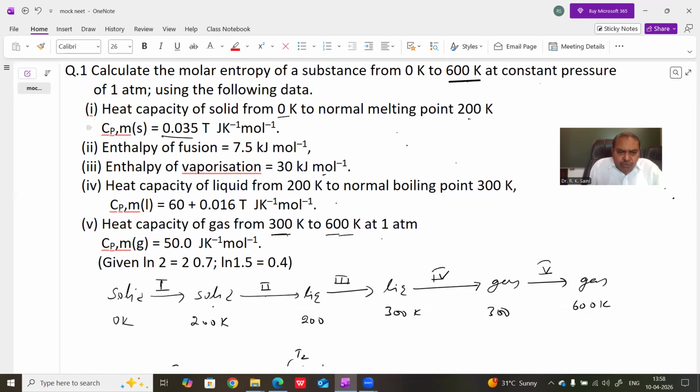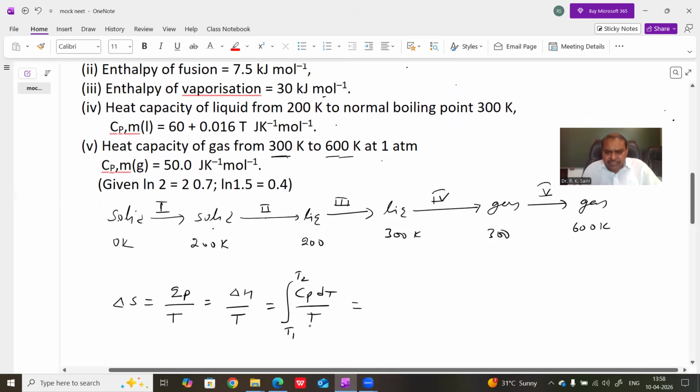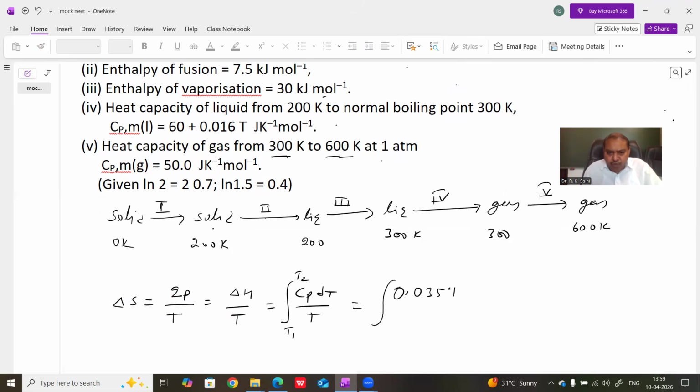Putting in the value, delta S is the integral of 0.035 T dT upon T, which gives 0.035 into T2 minus T1. T1 is 0 Kelvin and T2 is 200 Kelvin. Therefore, the entropy change in step first is 7 joule per Kelvin per mole.